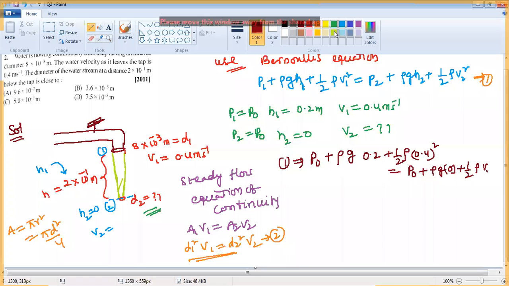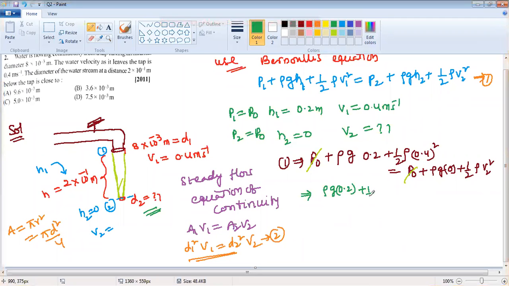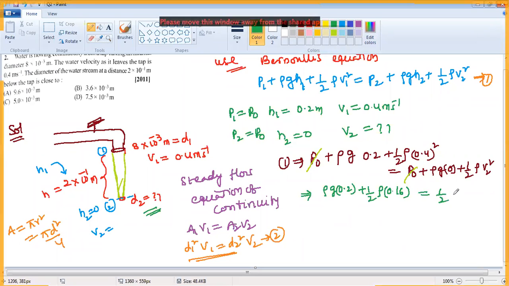Now look at this. P0 cancels, and the rho on either side also cancels. So now that relation becomes rho G into 0.2 plus 1 by 2 into rho into 0.16 equals 1 by 2 into rho into V2 square.